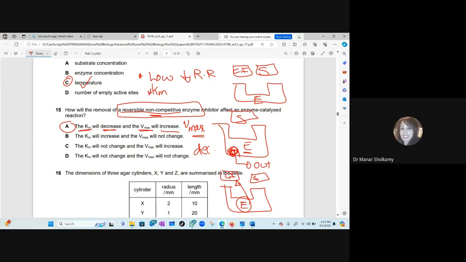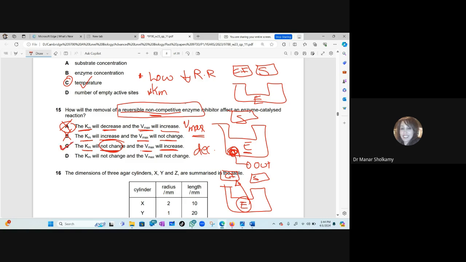Wrong. B. The Michaelis constant will increase and the Vmax will not change. Wrong. C. The Michaelis constant will not change and the Vmax will increase. Right.